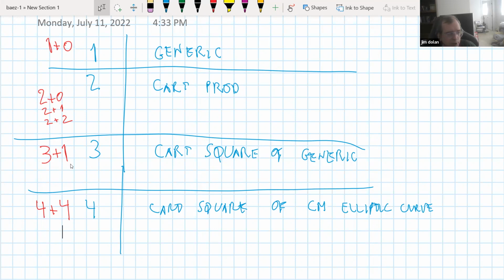Now, I'm a little bit confused. There might be a little tiny bit more than that, which might be the Galois symmetry. But actually, which Galois symmetry do I mean?